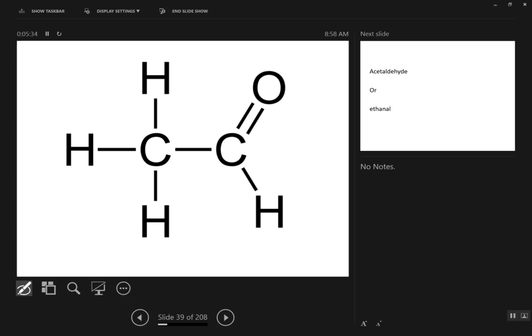That would be if it was an alkene, but this is an aldehyde, so the ending for an aldehyde is what? Not -ene. Good. That's the first name.